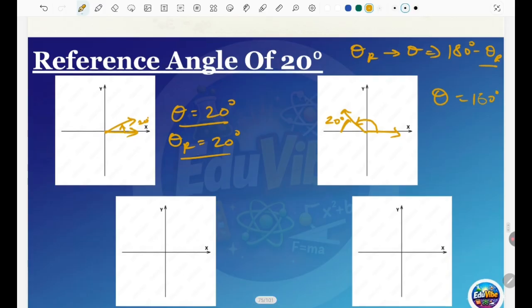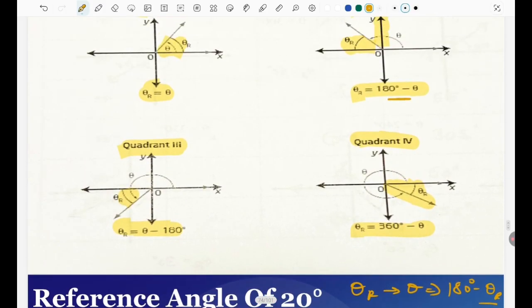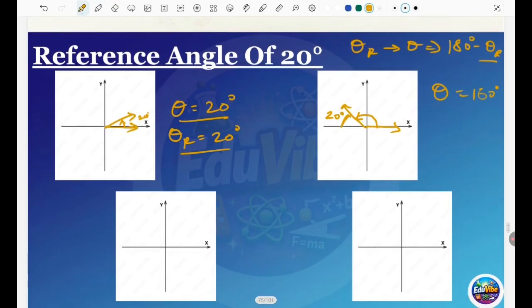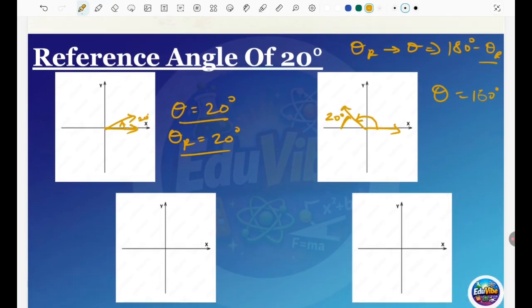So you can see that going from theta to the reference angle you do 180 degrees minus theta, and for the reverse you do 180 degrees minus the reference angle. The reference angle is 20 degrees, it stays the same. The third one is trickier, because you start from here again, but now we want the third quadrant. The reference angle is 20 degrees.